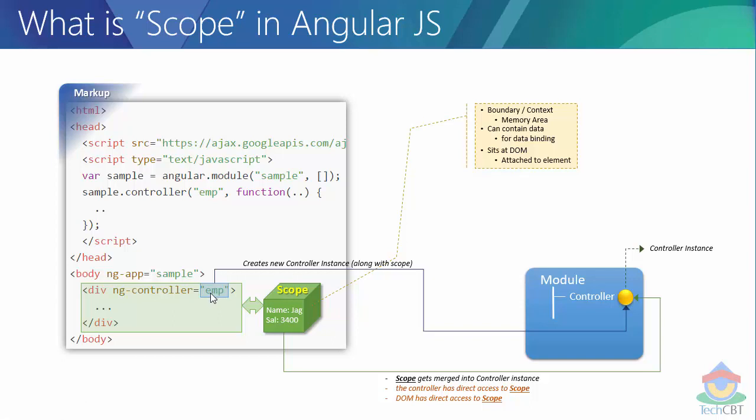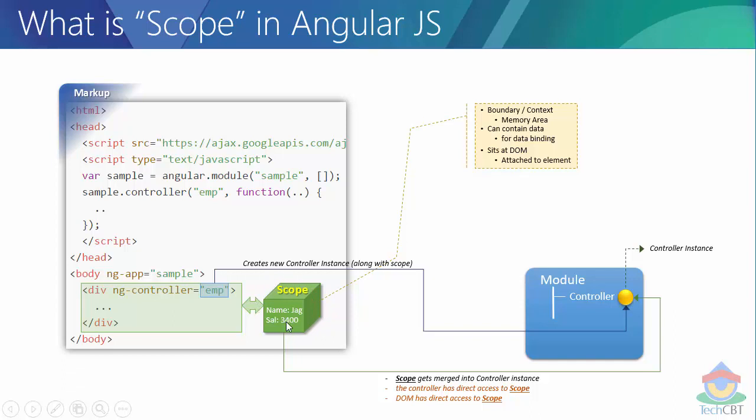AngularJS knows that it is not just the controller instance you are really asking for. Instead, you are asking for a controller instance which has a direct understanding of the scope and direct access to the scope itself. So once you try to create a controller instance, while it is being created, AngularJS creates a scope as well.